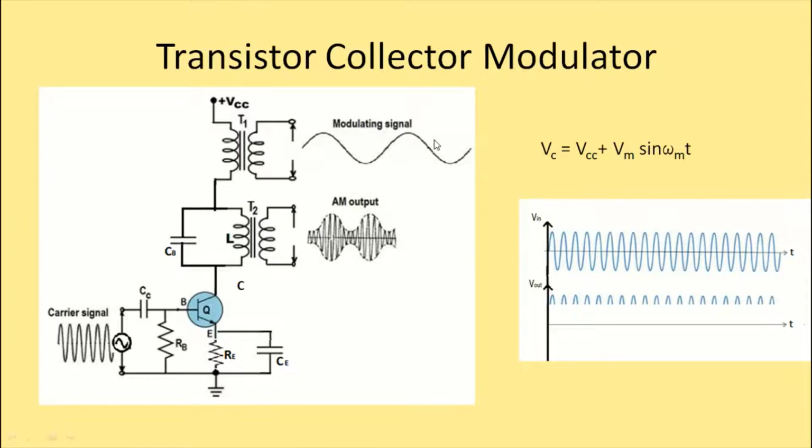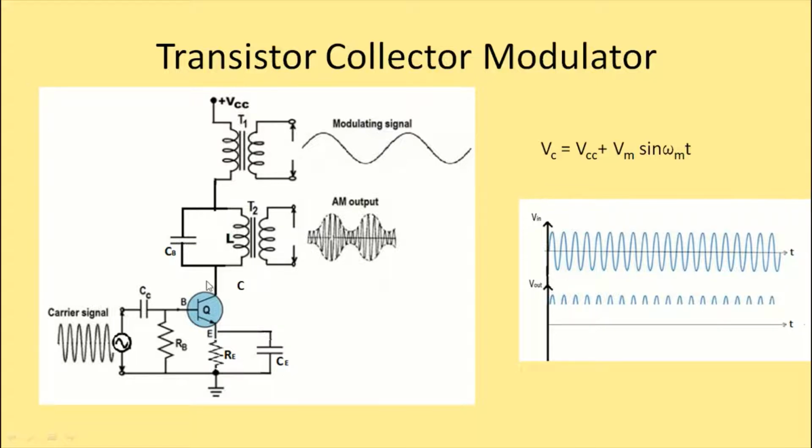Now, what I will do is I will apply this modulating signal. Initially, at the beginning of the signal, the amplitude is nothing but equal to 0 volt. So the condition is very much similar to the previous case, wherein the 0 volt is getting coupled from the primary to the secondary. So the total voltage here will be 0 plus VCC, equal to VCC.